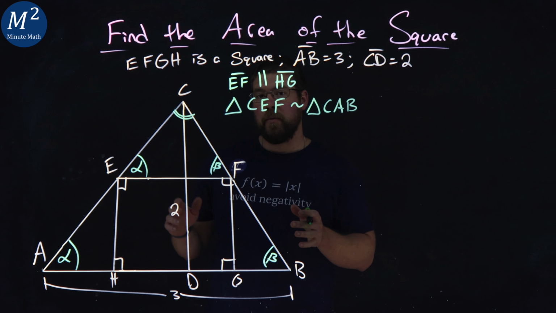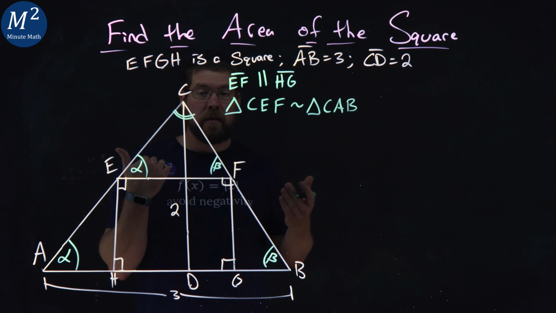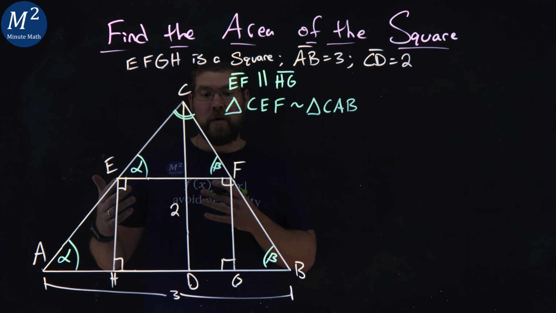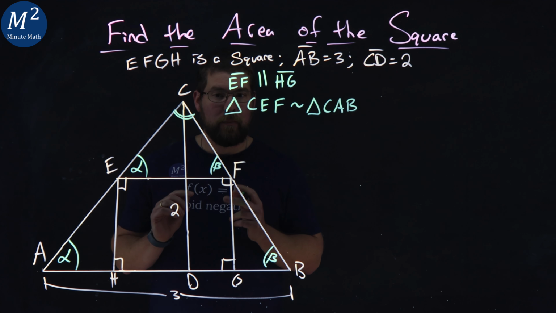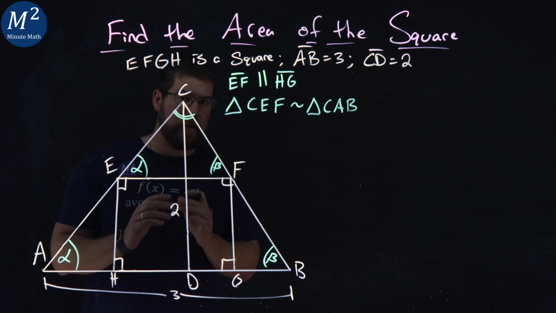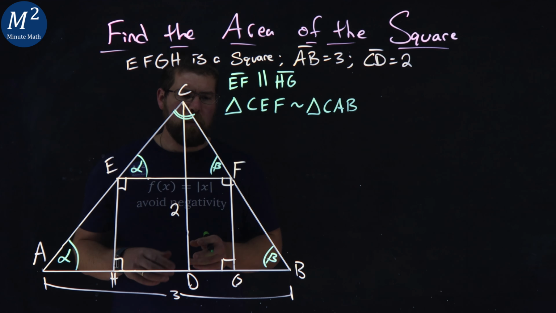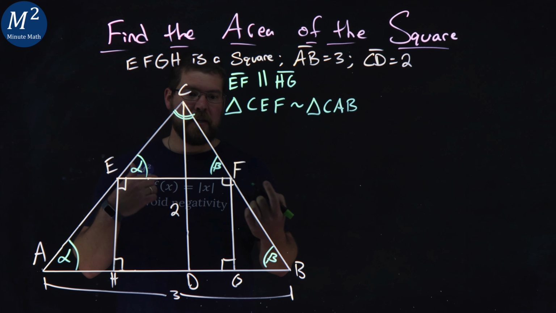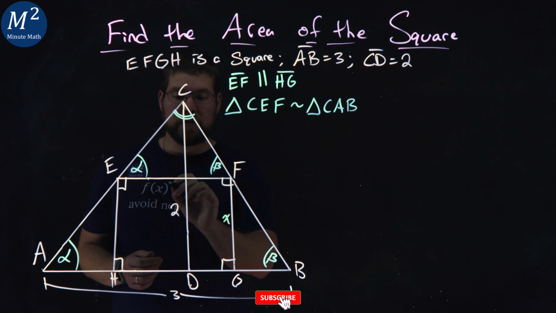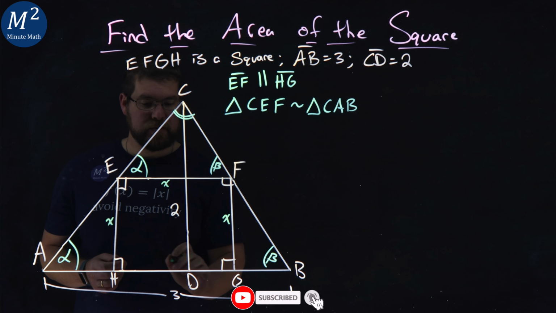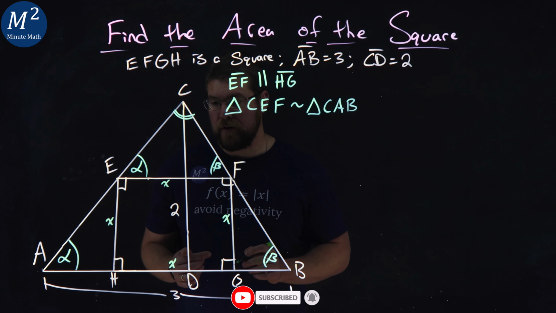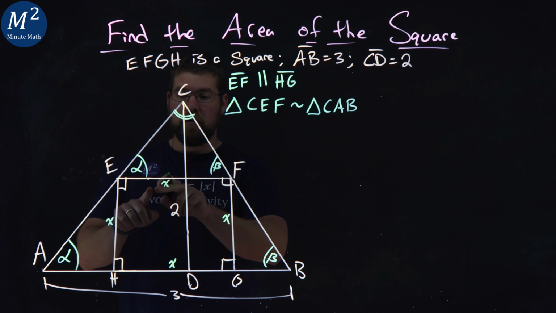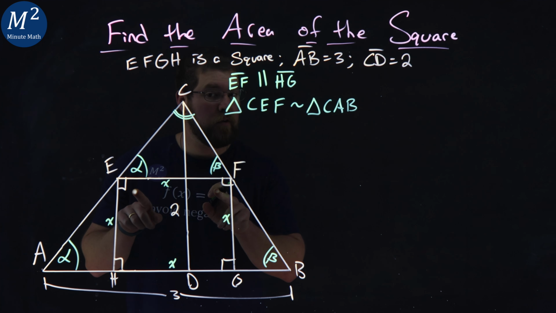Well, how does that help us? Similar triangles have side lengths that are proportional. Square EFGH, let's label each of the side lengths as x. So we know that the base of this triangle, EF, has a length of x.